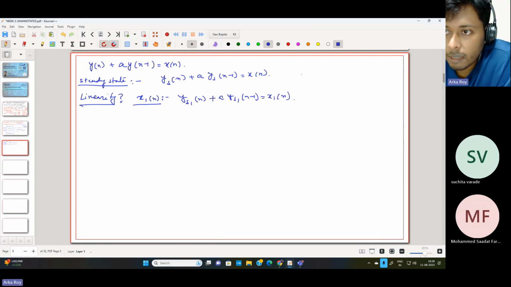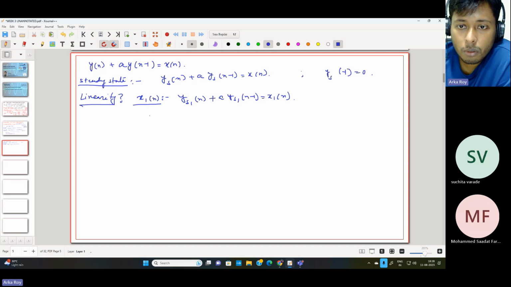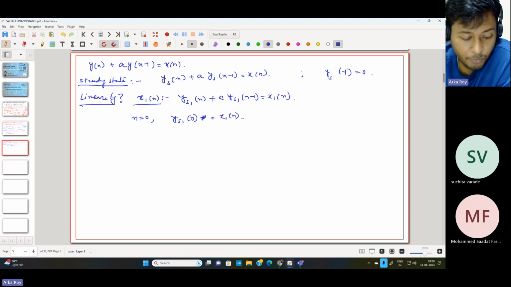Let us consider the initial condition ys[minus 1] equals 0. So at n equals 0, ys1[0] will be, as ys[minus 1] is already given as 0, equal to x1[0].